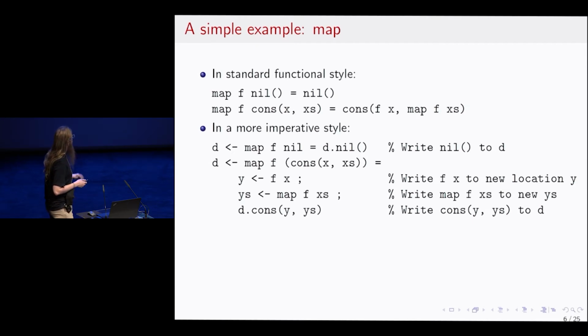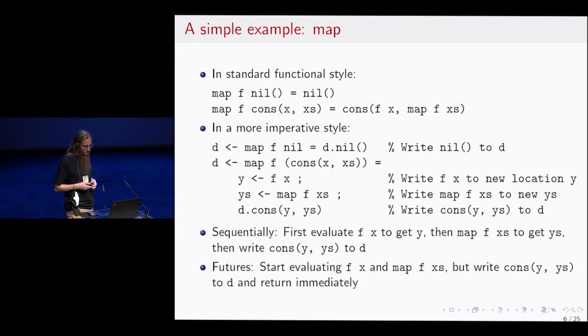So I'm going to focus on this recursive portion. We write the result of calling f on x to some location y. We write the result of mapping f over the tail of the list xs to a new location ys. And then finally, we write the cons of y and ys into the location d to return the mapped list.